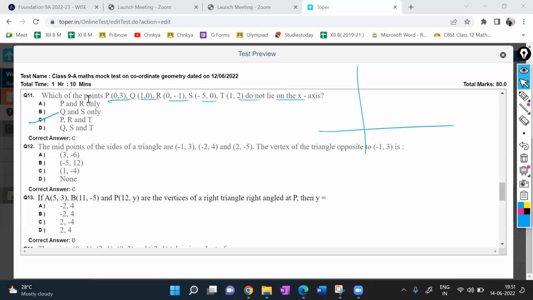What is the answer? C only is correct. Answer C is the right answer, right? Yes, sir. Okay.